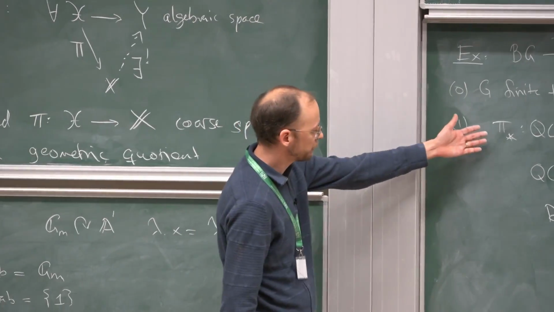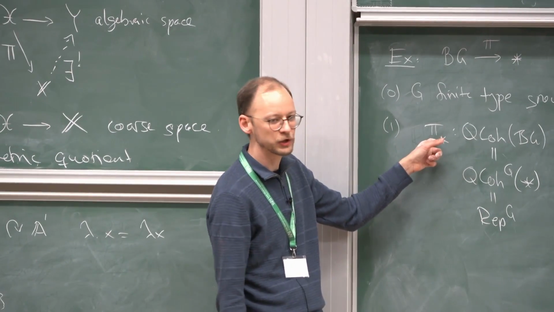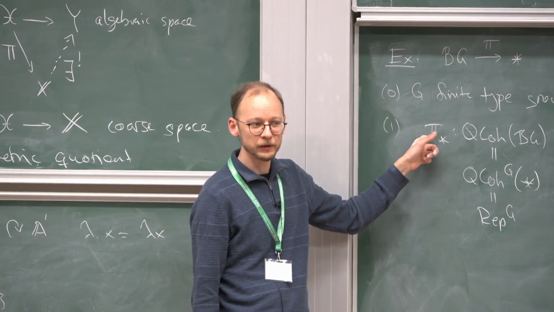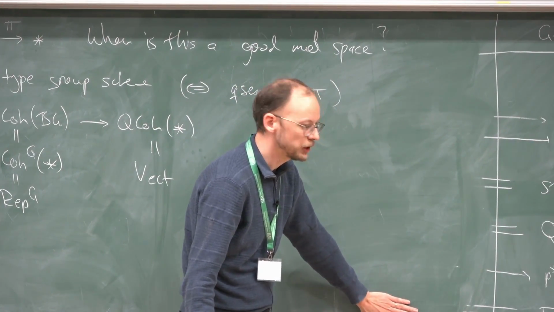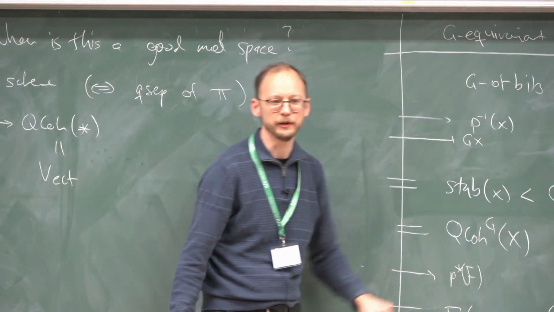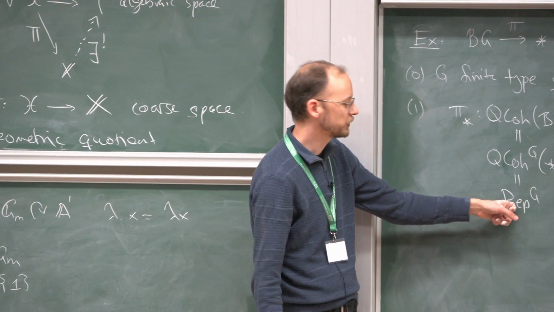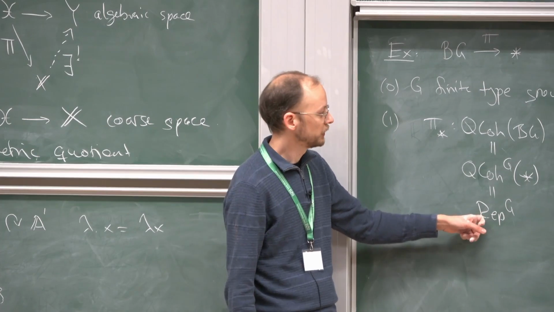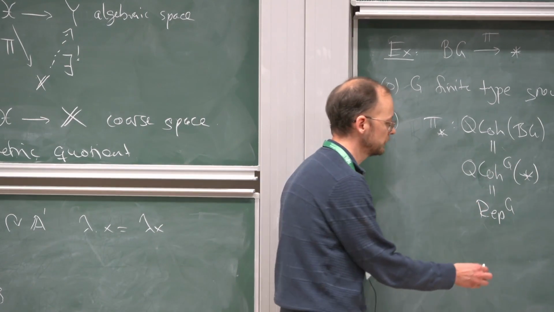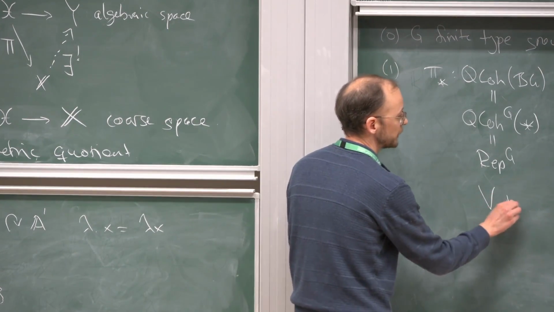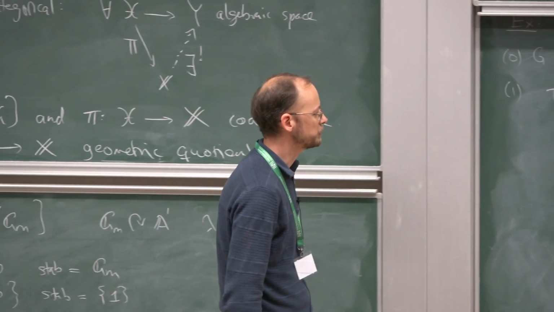So my functor takes a G representation and gives me a vector space. It's essentially the global section functor: it pulls back a sheaf on the stack and takes G invariance. So this functor takes a representation and sends it to its invariant subspace.